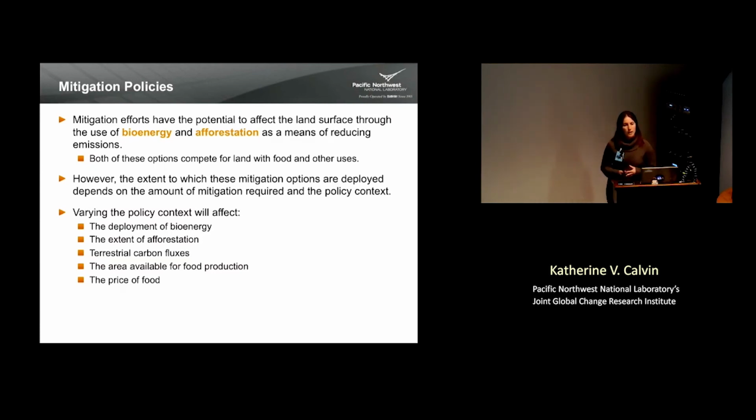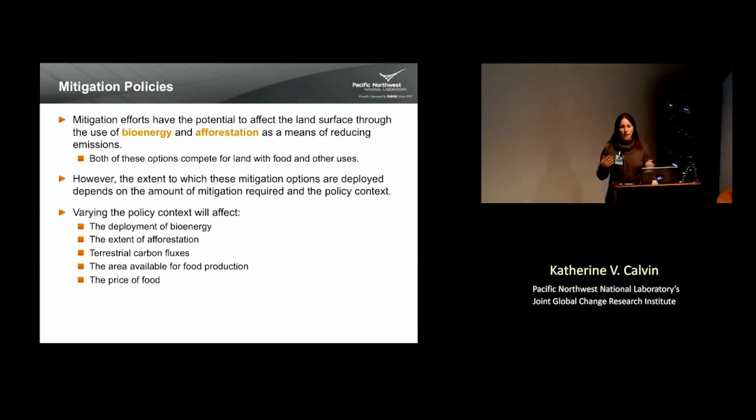One of the interesting things you can do with an integrated assessment model is look at how these different things play out in the future and what the trade-offs are across various sectors of the economy. And that's what we did here. The thing to note is that the extent to which these mitigation options are deployed depends on the amount of mitigation required and the policy context. So it depends how you set up your policy. What's allowed? Can forests count towards meeting your target, or can they not?